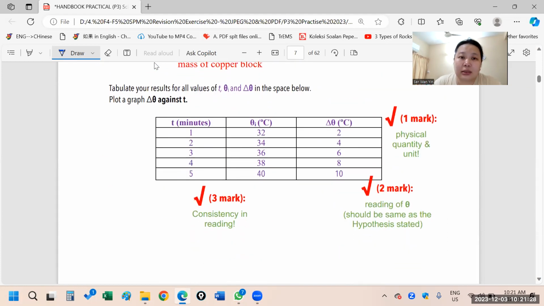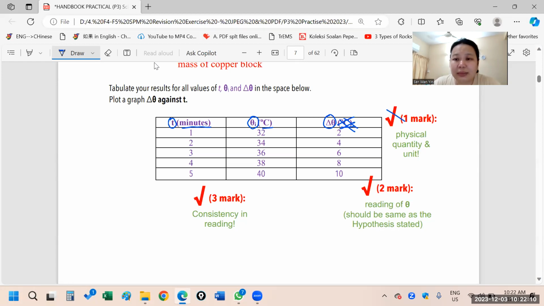So now let's look at the tabulation of data. The first mark we give for physical quantity and unit. So physical quantity T with unit, physical quantity with unit, physical quantity with unit. If all three have physical quantity and unit, then we give you 1 mark. Must be all. Let's say you write T in minutes but forget the last one, sorry, 1 mark missing.